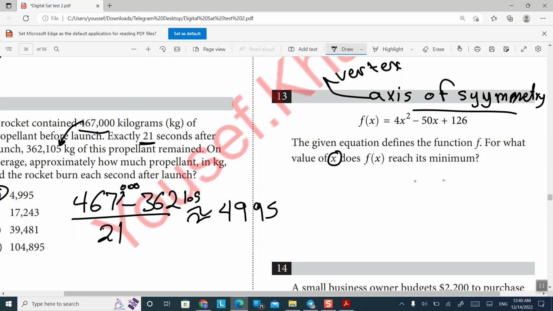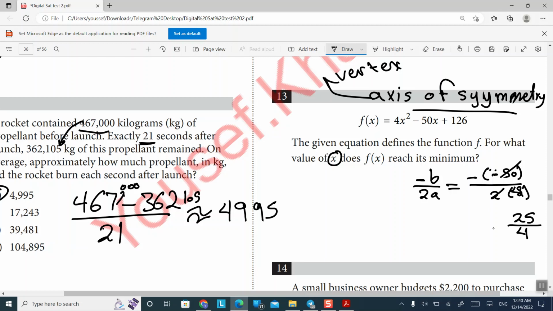So he directly can use the formula negative b over 2a. So negative 50 over 2a, 4, is equal to 25 over 4.